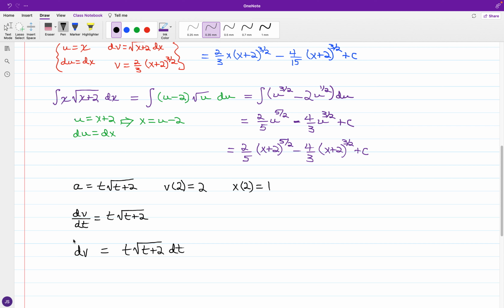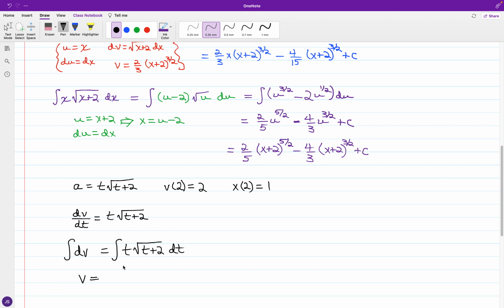And after separating, we can integrate. And so for dv, the antiderivative is v. And again, just borrowing from the last integral where we have t as opposed to x.